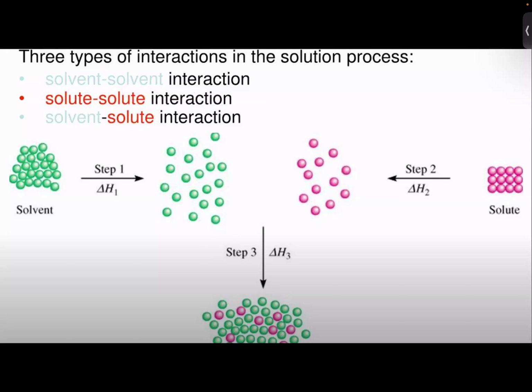But if the enthalpy associated with solution formation is less than the enthalpy associated with separating the solute and the enthalpy associated with separating the solvent, then a solution will only form if outside influences are added.